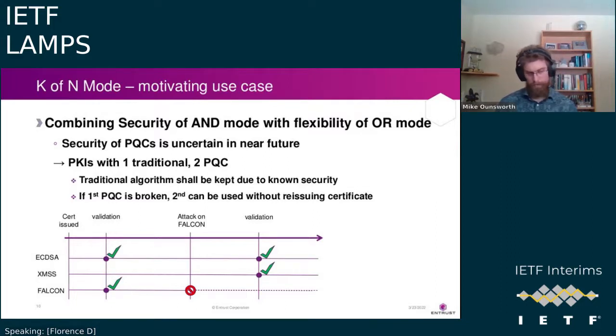The example given was that if an algorithm was found to be broken, then you could not reissue certificates, and you could just use the other two algorithms. I think it would be easier to update the certificates than to update both the server and the client to say that a particular algorithm is broken. So I'd need more convincing that this is worth the extra complexity and risk.